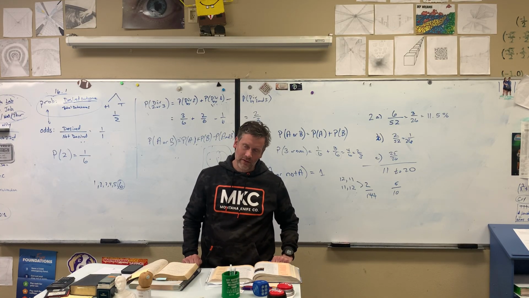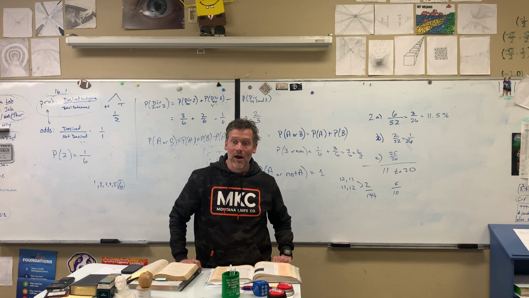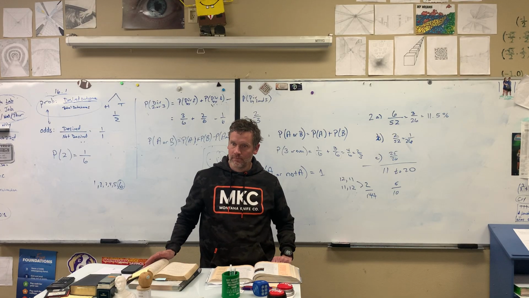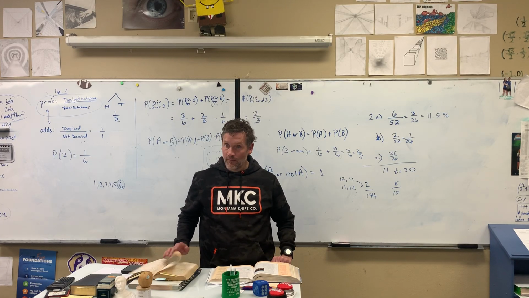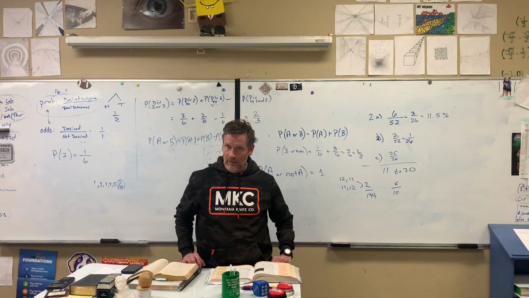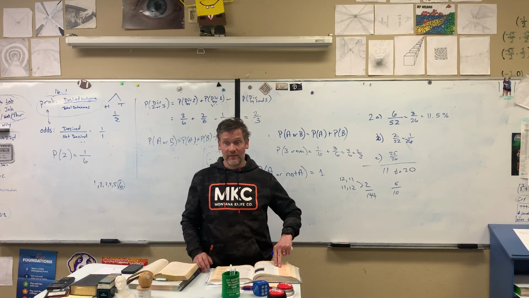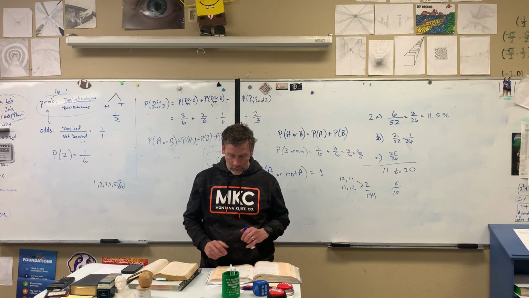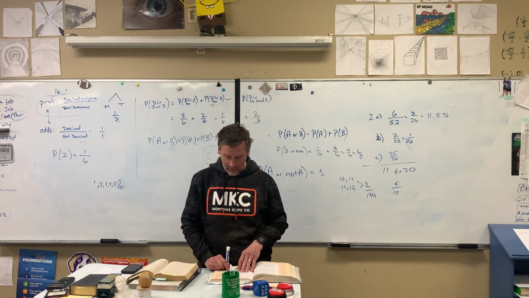All right, and then the last one, what sum is most likely to appear? Not actually 12, but you're honing in on it. Kind of like when 2 die with 6 sides are rolled, what's the number that's most likely to appear? 7.